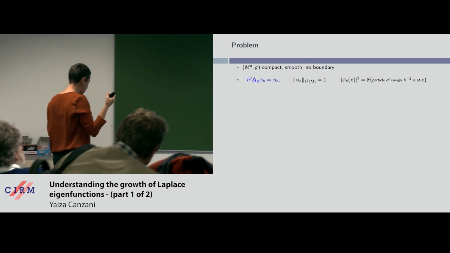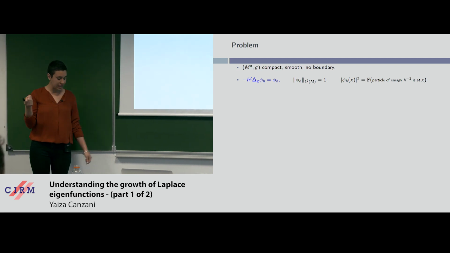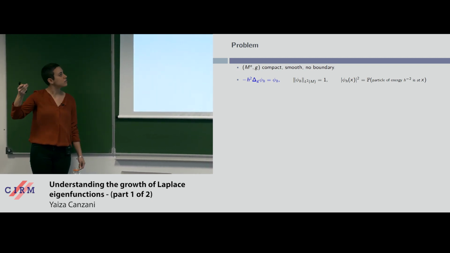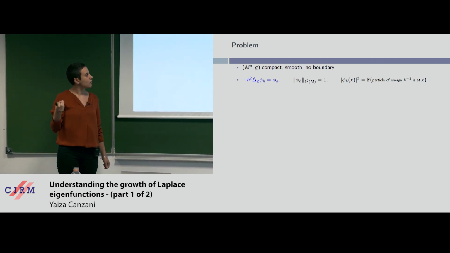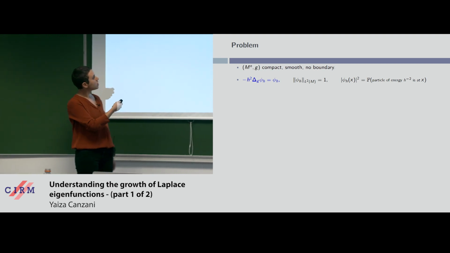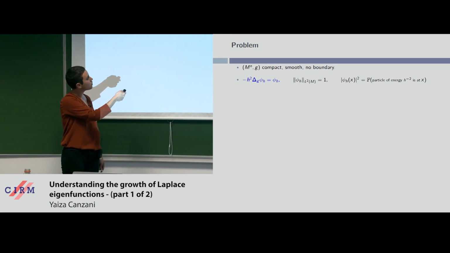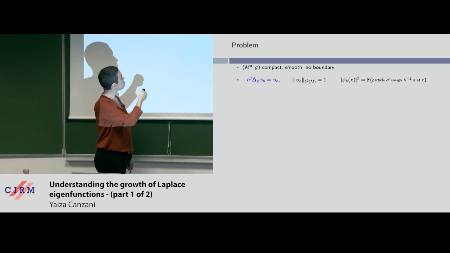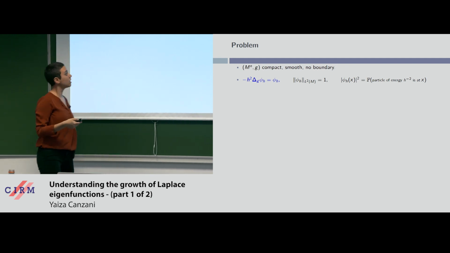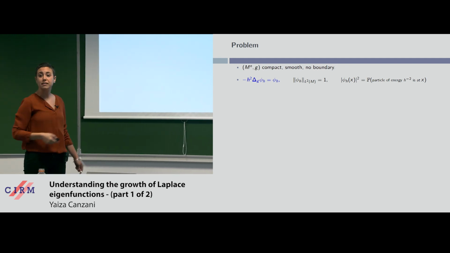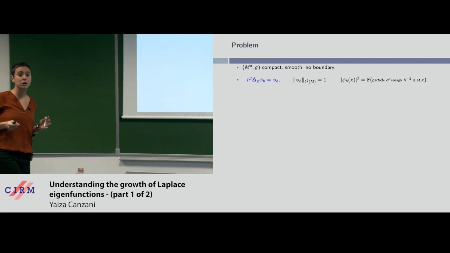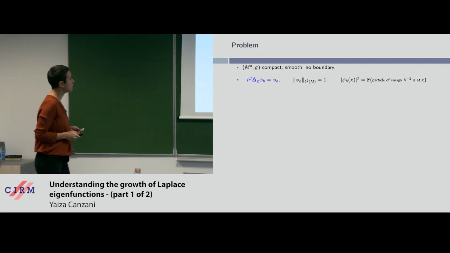So you can think of an eigenfunction as the quantity giving you the probability of finding a quantum particle of energy h to the minus 2, so the eigenvalue for the eigenfunction, at the point x. So this gives you a probability density, and all the plots that I'm going to be showing today are actually for this probability density. So I'm plotting the absolute value of the eigenfunction.